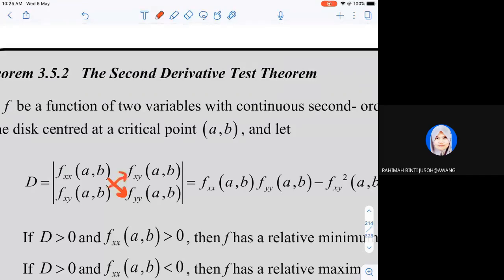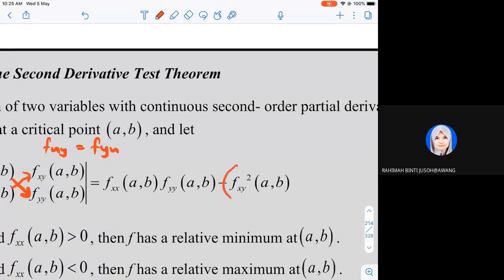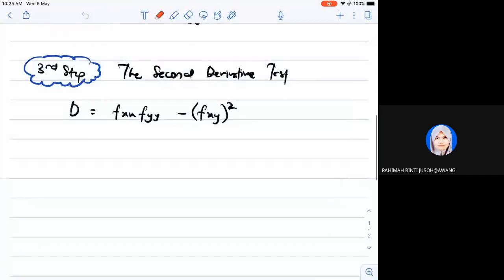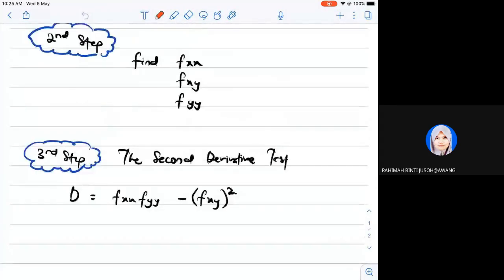Tapi fxy sama kan dengan fyx. fxy equals fyx. That's why dia jadi fxy kuasa 2 kat belakang ni. Okay. So tak perlulah cari fyx pula sebab fxy kan sama dengan fyx. So cari satu je lah, cari fxy. Just that's it, macam tu.